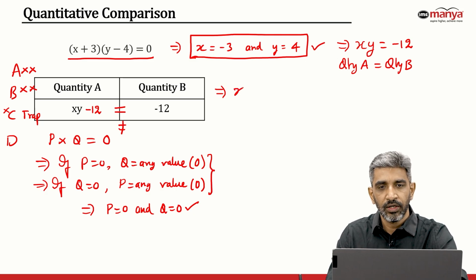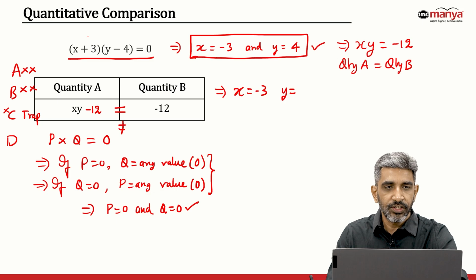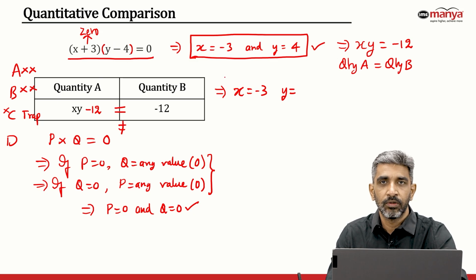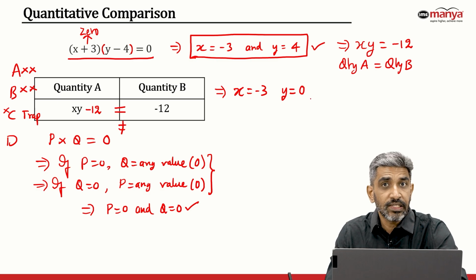So for example, if x = -3, then y can be any value, because when you've taken x as -3, this has become 0. Now if one of the brackets becomes 0, then you can practically take any value for y, because the value of the second bracket does not matter, because the product has already become 0. So can I take, let's say, y = 0? Yes, I can.